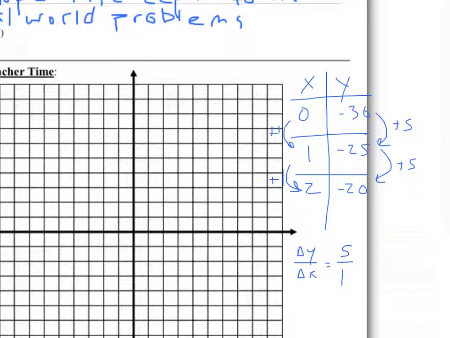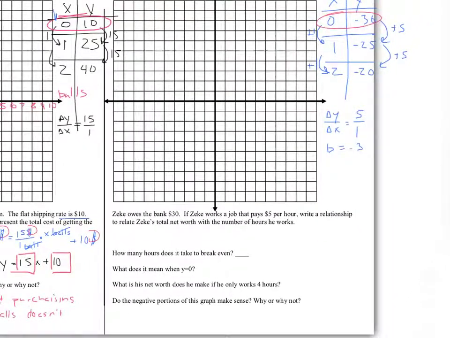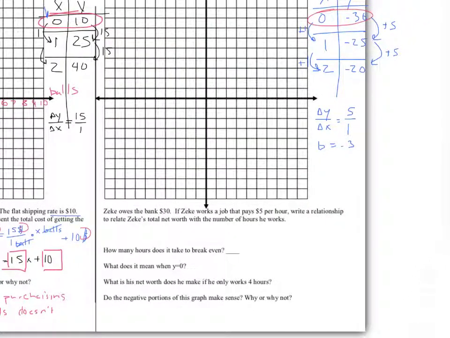I also happen on this T-chart to have my y-intercept, which means my y-intercept, or my b, is equal to what? Yeah, right here, negative 30. Which means that without thinking about the units in this particular case, because we made a nice T-chart to start with, we can just plug into y equals mx plus b. We can get y is equal to 5x plus negative 30.